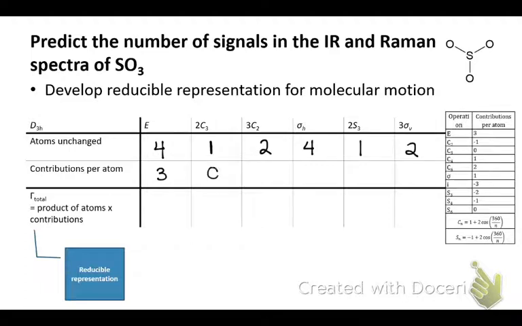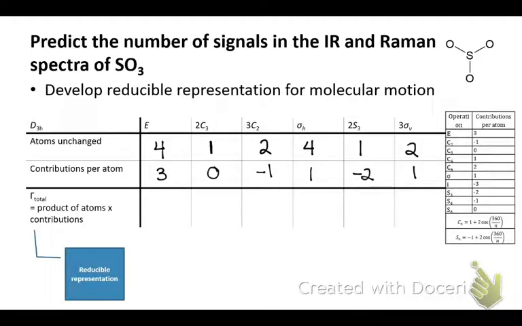C3 gives us 0. C2 gives us a -1. Sigma h gives us 1. Any sigma, they're all the same, give us 1. And S3 is -2. And a sigma v, that's also going to give us 1 because it's another sigma.